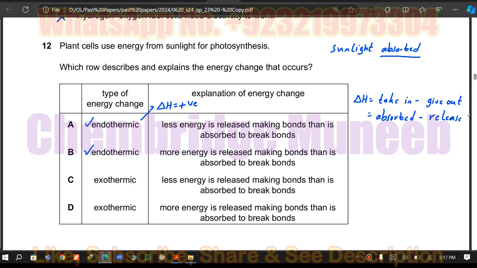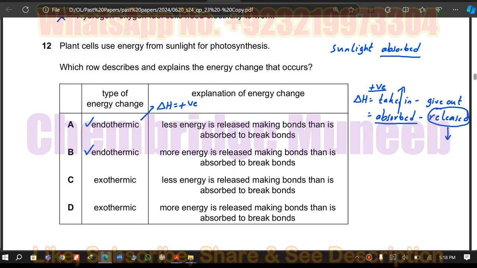So it will be more convenient for you to find the answer. Delta H value should be positive. In this case, to have a positive value, it means that we should either have the value of absorption be higher, or in other words, the value of the release should be smaller.